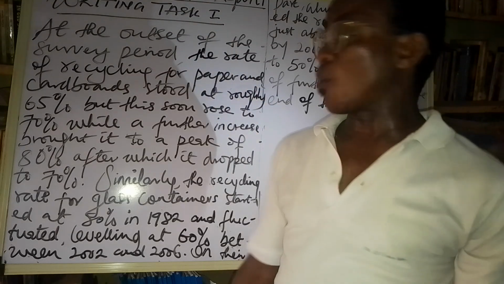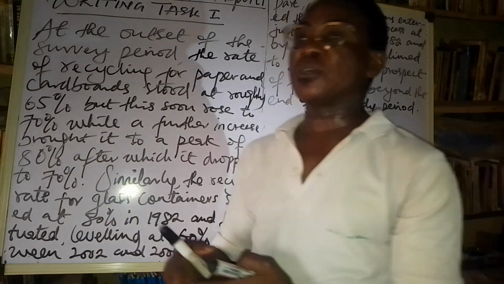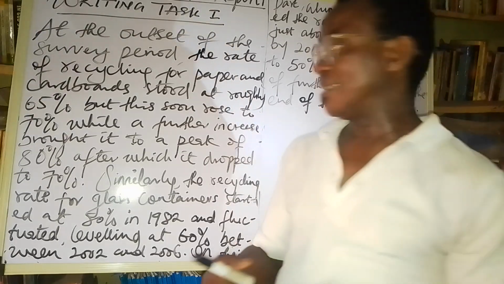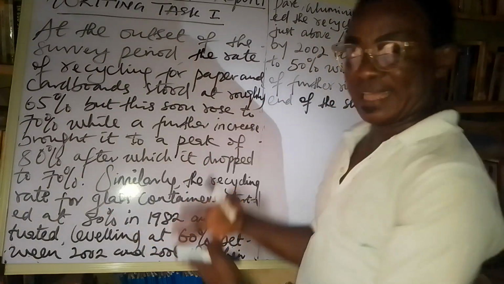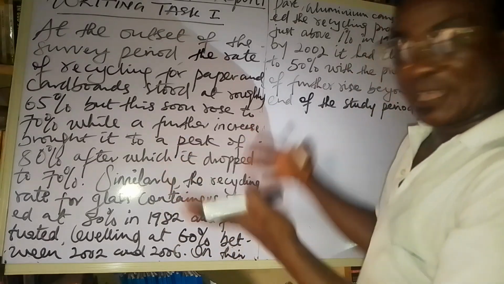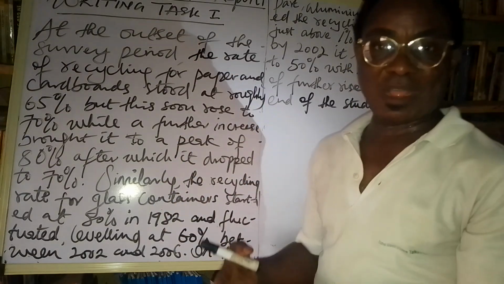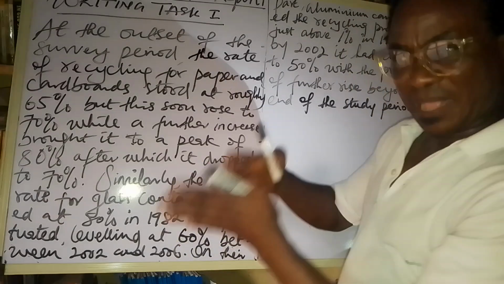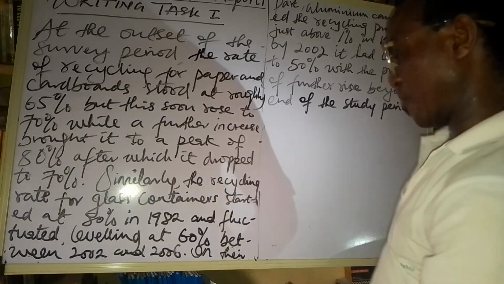Now, what we've done here is what is called grouping of data. That means we have discussed together the values that had a similar movement on the graph. Both values have risen and had some signs of a fall.